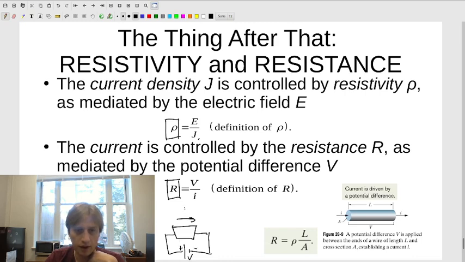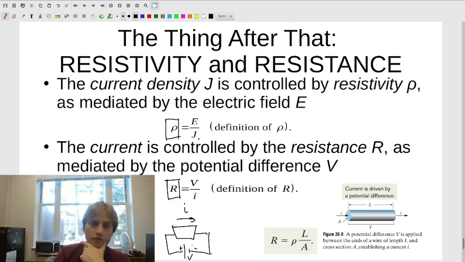We get some I, and the voltage difference is going to be across that object. And we think about this object as having some resistance. That's the ratio of the voltage applied to the current that goes through it. So if you have a small resistance, that means you have a bigger current.